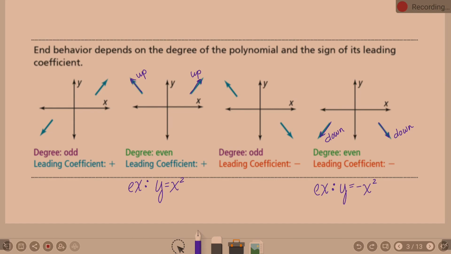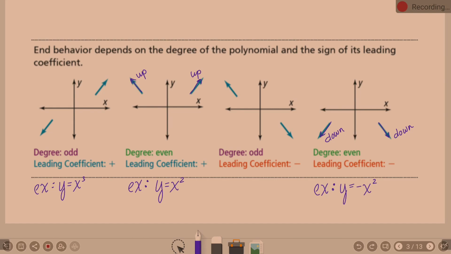Okay, so I'm trying to grow off of what you already know. I have confidence you guys know x squared and negative x squared. Okay? Now, odd. The example I like to use for odd is y equals x cubed, although I'm learning not everyone really knows y equals x cubed. Okay?